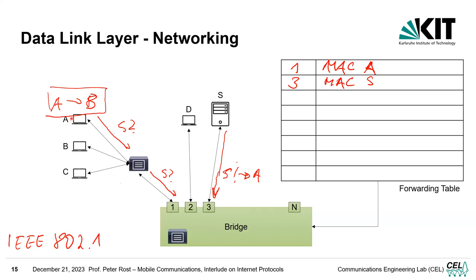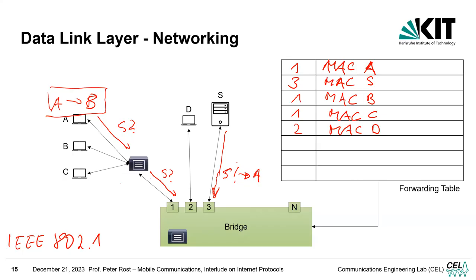And the same would then actually also happen for the other devices. Yeah, so you would maintain a forwarding table saying, okay, on port 1, for instance, you also have MAC address B and MAC address C connected, and on port 2 MAC address D. This forwarding table is then maintained by the bridge.